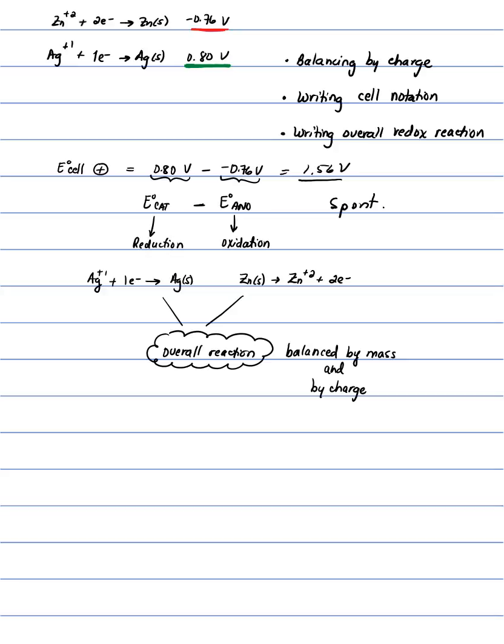You don't have to change any signs for the potential at all. This is just representing the oxidation. The zinc solid is the one that is being oxidized, not the ion of zinc. So zinc solid giving you zinc plus 2 electrons represents the half reaction of what's happening in the anode, where the oxidation is happening.